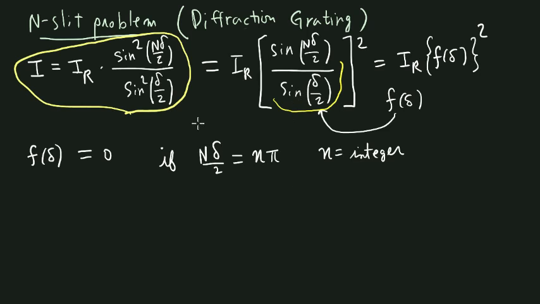So we can state that this function f delta will become 0 if the numerator is 0 but the denominator is not 0. And when is the denominator 0? By the same logic, the denominator will be 0 when delta equals 2m pi.